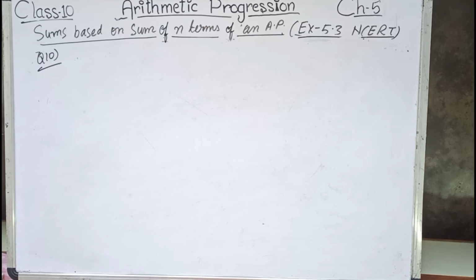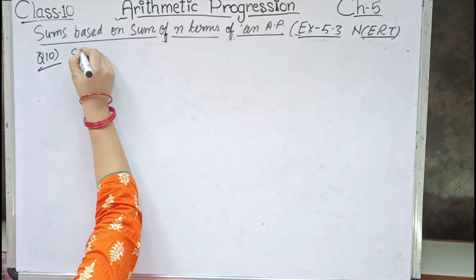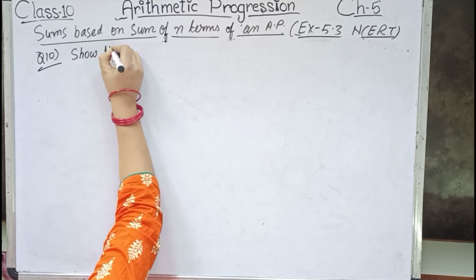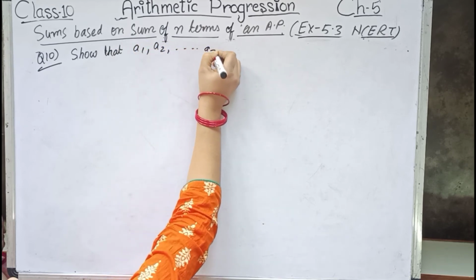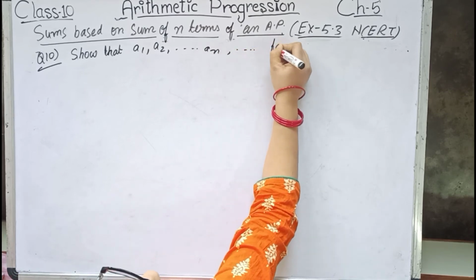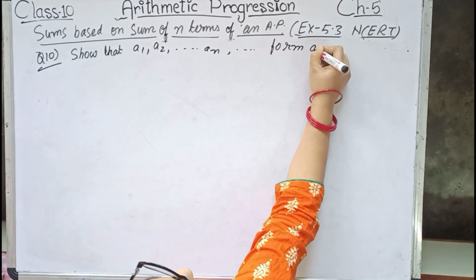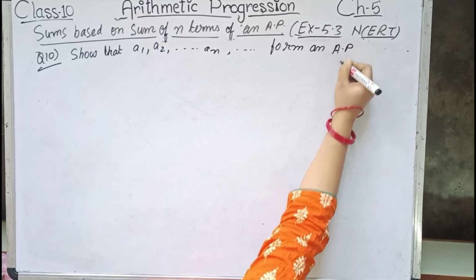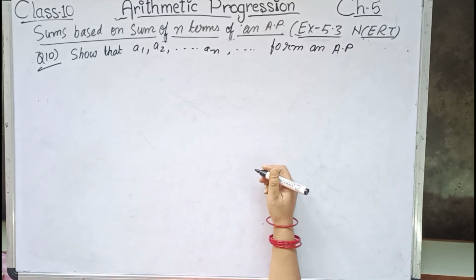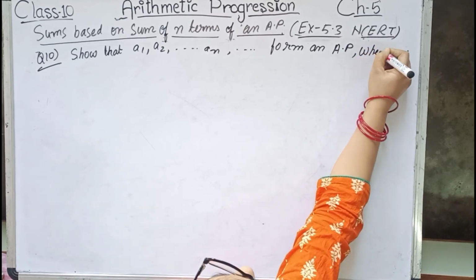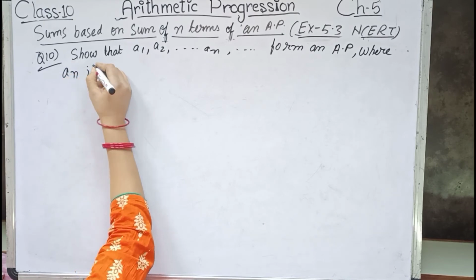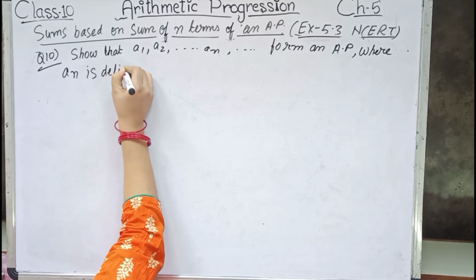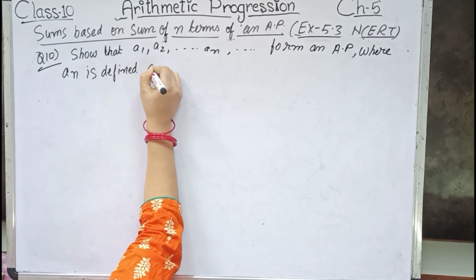Now let us move to question number 10. Question number 10 says: show that A1, A2, up to and so on till An form an AP, where An, the nth term, is defined as below.